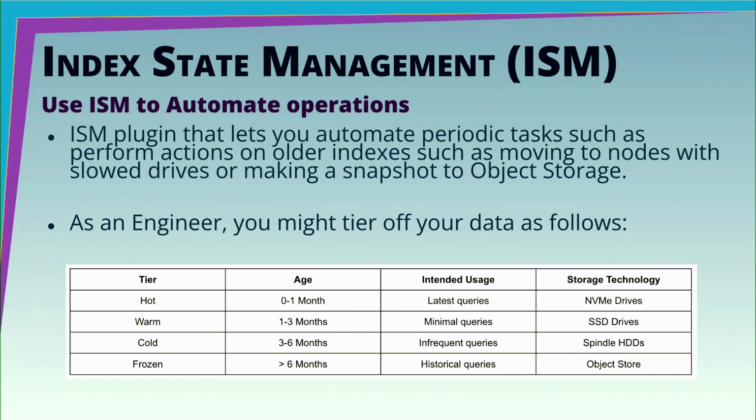So based on the backup snapshots we talked about, let's say as an engineer, you have different types of data, but also different tiers of data. And these tiers are arbitrary, by the way, so you could literally name them anything. But in this example, imagine data less than 4 weeks old.